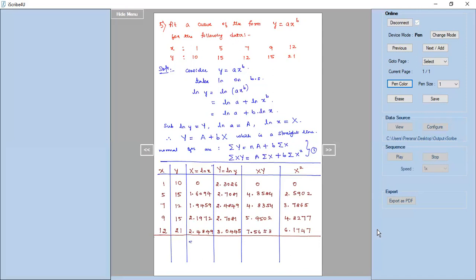Summation capital X is equal to 8.2374. Summation capital Y is equal to 13.2482. Summation capital XY is equal to 22.7093. And finally, summation capital X square is 17.3791.